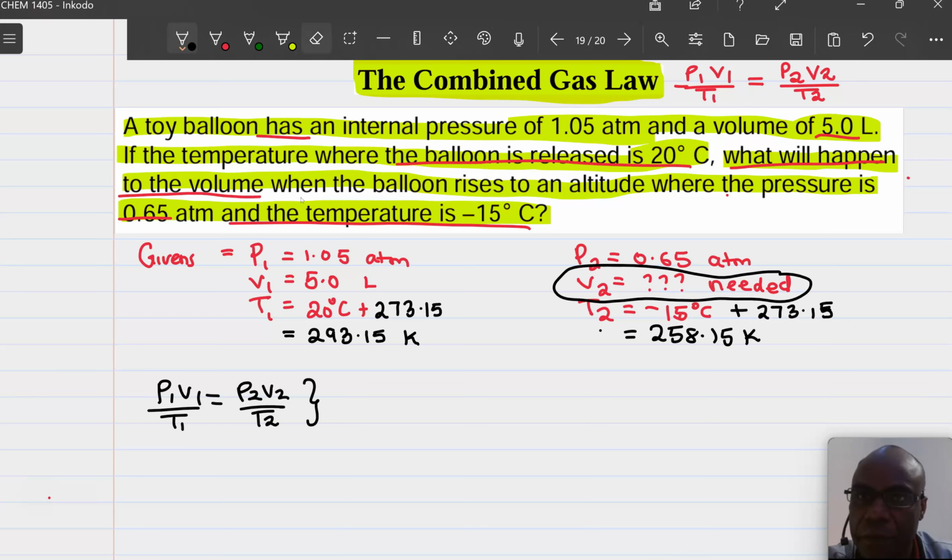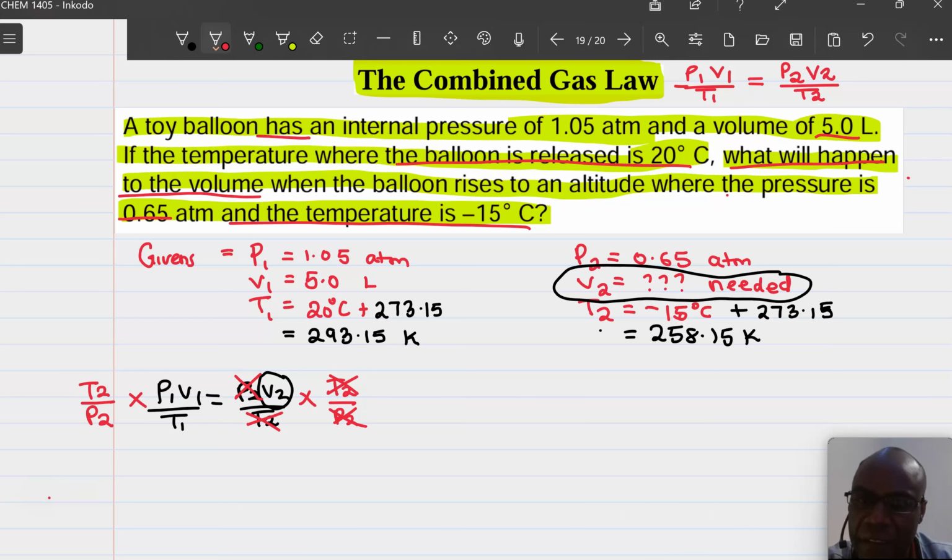To do so, I will multiply both sides by the inverse of P2 and T2, so that this goes with that. What you do to the right is what you do to the left, so it will be T2 over P2 multiplied by the original expression.